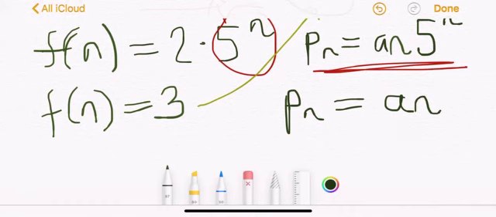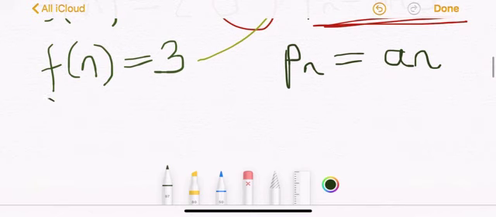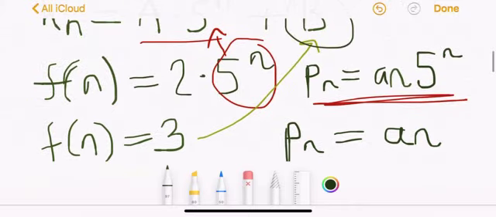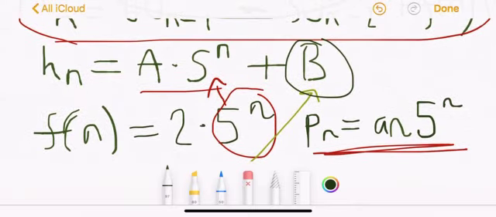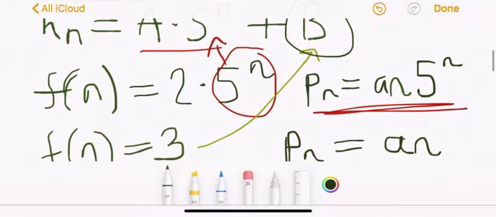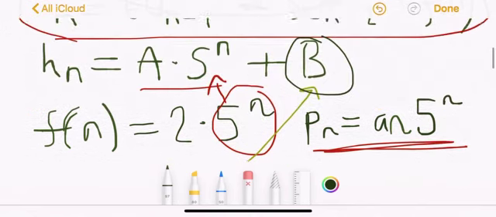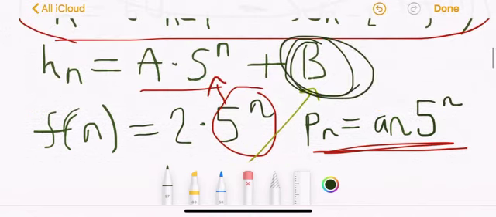Well, what other f of n's could we consider? Let's consider f of n being linear. So let's say f of n is equal to 8n. If f of n is equal to 8n, it may look like there isn't any linear term in here, but really what we're interested in is the fact that this is polynomial. The fact that this is polynomial means that there is a polynomial part to h of n.